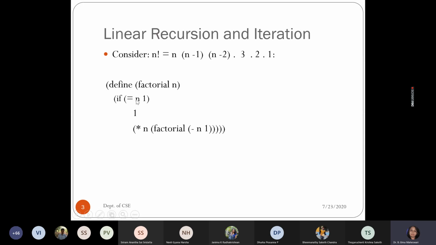It will check if n is equal to 1 or not. 6 is not equal to 1, so it goes to the statement n into factorial of n minus 1, that is 6 minus 1. So n into what is that? 6 into factorial of 5. Then once again it is calling factorial with n equal to 5, and 5 is not equal to 1, so that is 5 into factorial of 4. So this is the way we used to explain, right?